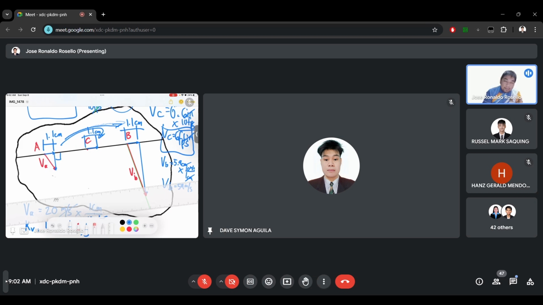What proportionality am I referring to? We know that the direction of vector VA is going down. We know that the direction of vector VB is going down. And since they are all on the same line, we can assume that vector VC, or the velocity of C, is also going down.